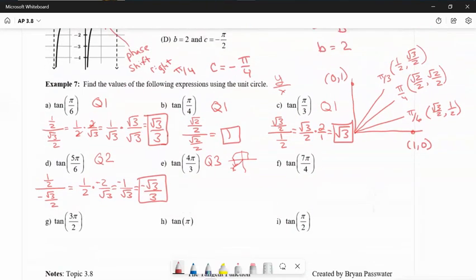At pi over 3, my x value is square root of 3 over 2. So that's negative square root of 3 over 2 over negative 1/2. So that's equal to negative square root of 3 over 2 times negative 2. Negative times a negative is a positive, and so we end up with just a positive square root of 3.